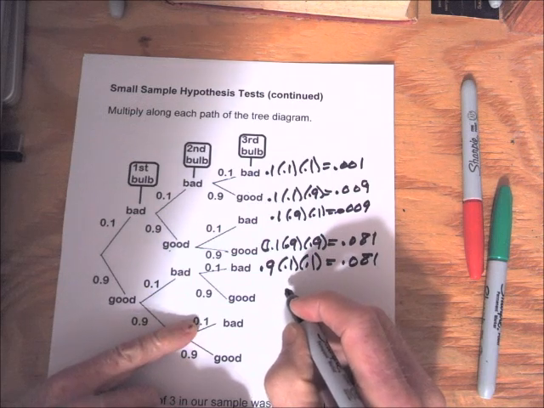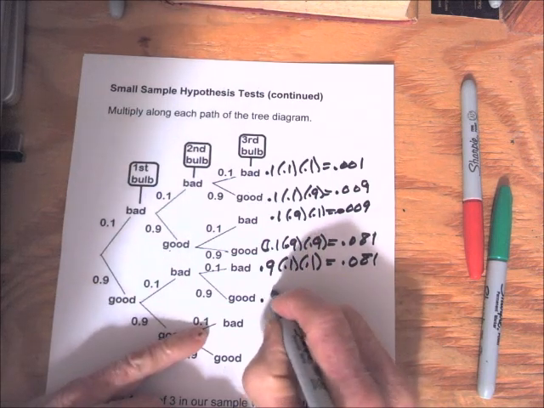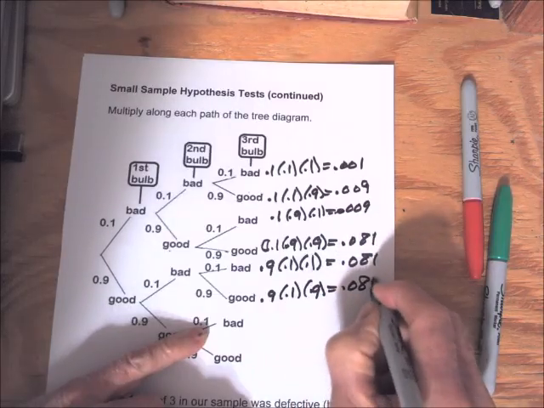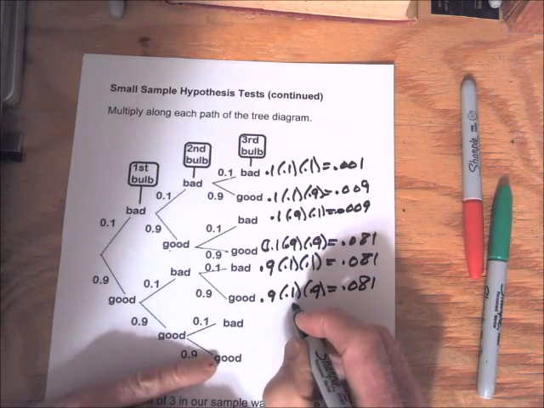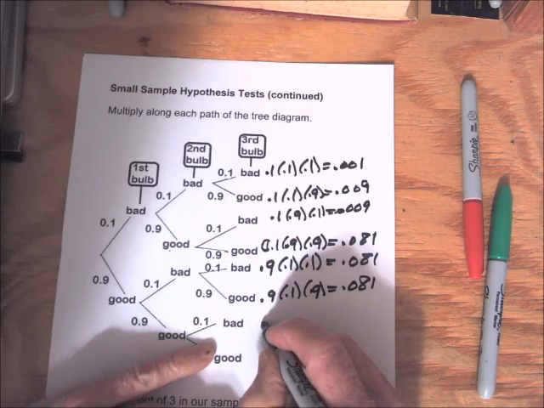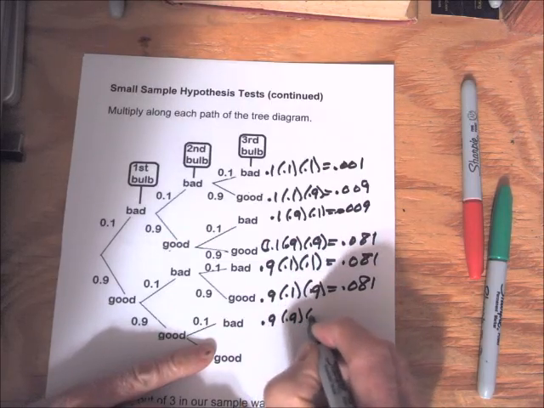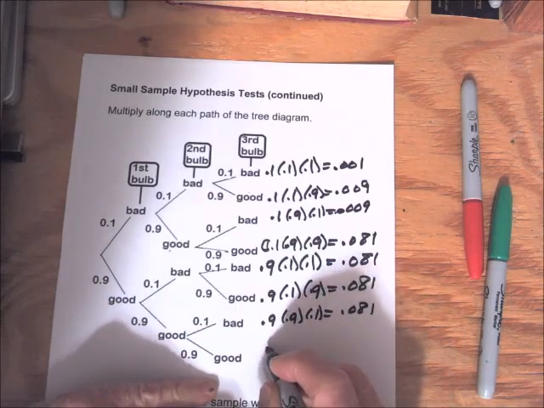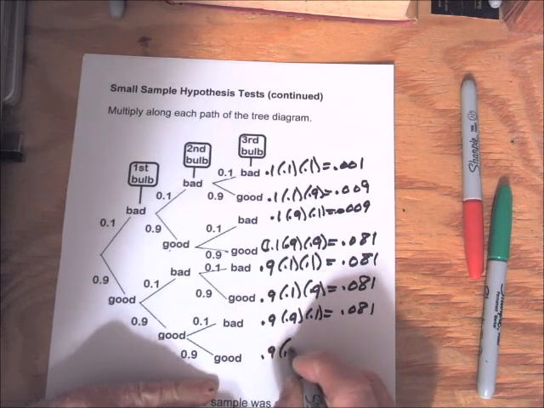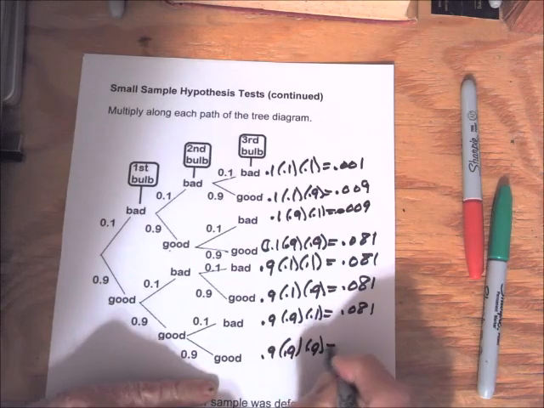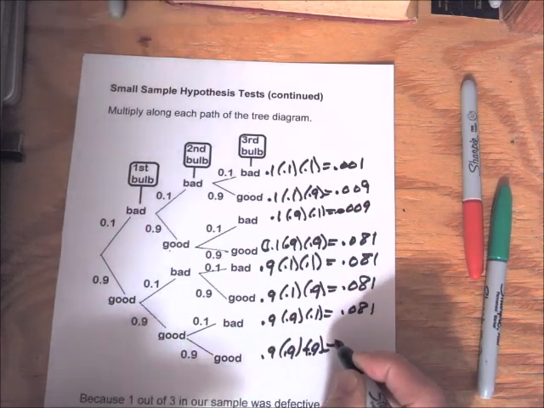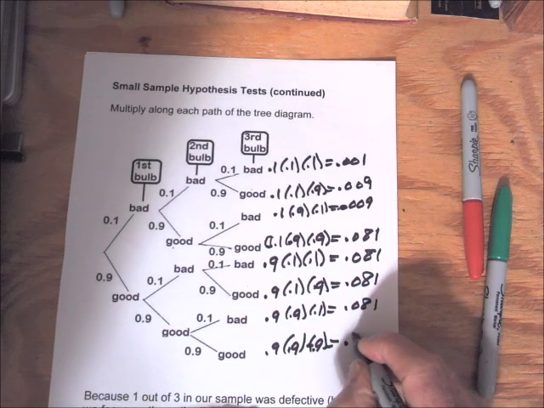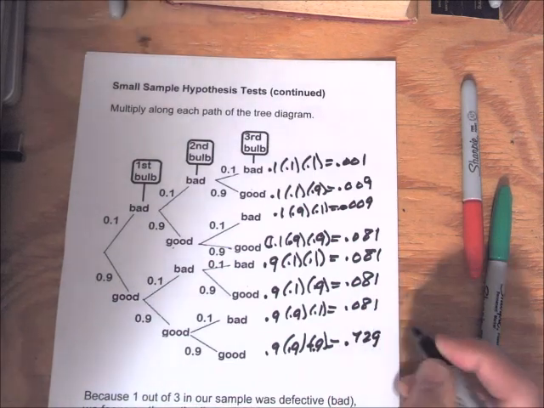Good, bad, good, 0.9 times 0.1 times 0.9, 0.081. 2 goods followed by bad, 0.9 times 0.9 times 0.1, 0.081, and all 3 are good, 0.9 times 0.9 times 0.9, 0.729.